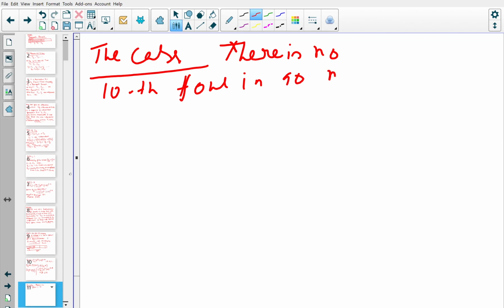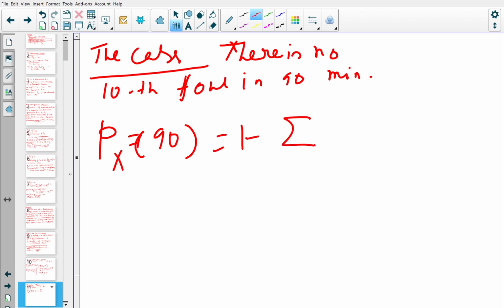Then what happens? You find out the sum of all the fouls. So what will be the probability of x equal to 90? This will be 1 minus all the fouls before 90, right?